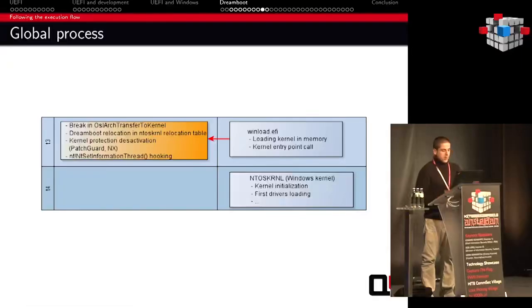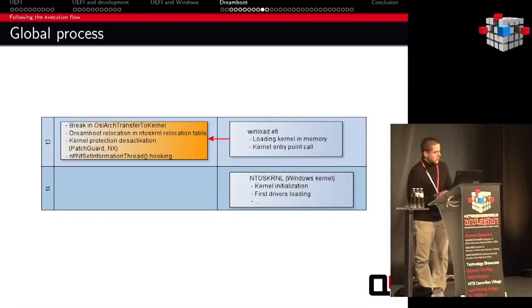Next, we now have a hook in the WinLoad bootloader, the second bootloader. We just need now to put a second hook when WinLoad transfers the execution flow to the NTOS kernel. There we will try to deactivate some protections like PatchGuard or the NX bit, and we will hook some other kernel functions. We will see that later. So how to do it?